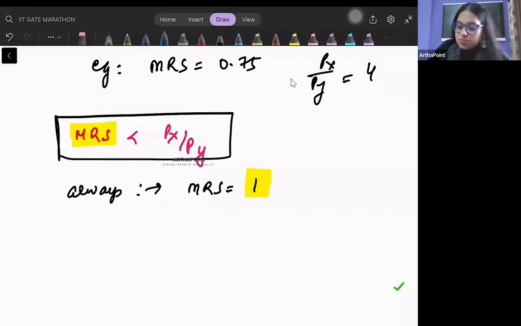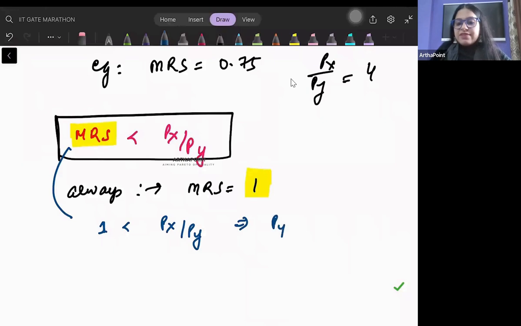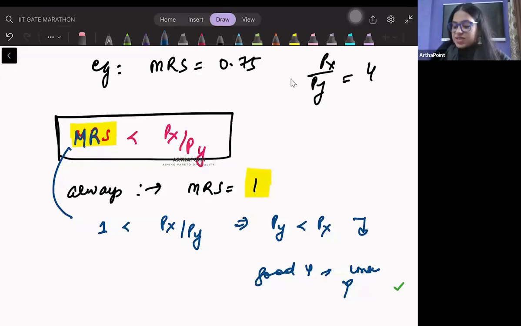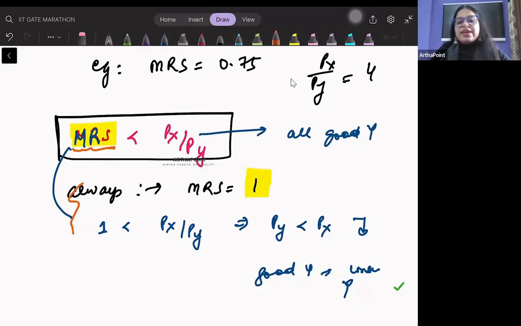Why? Because the moment you will plug 1 here, you will get 1 less than PX by PY, PY less than PX, good Y is cheaper. So this tells me that you will consume all of good Y. So यहाँ से ये condition बन के आई है that when MRS is less than PX by PY, you should consume all of good Y. The best way to remember this is substitute MRS with 1 and then find the condition कि कौन सा good cheaper है.